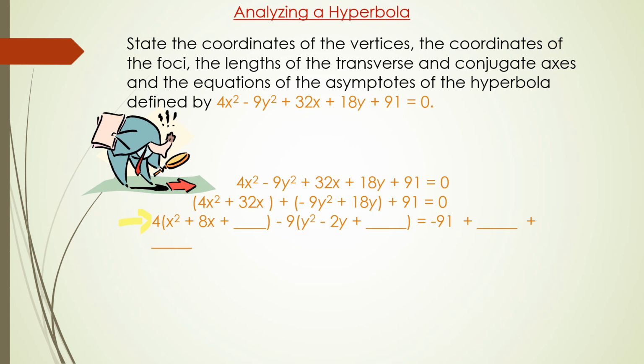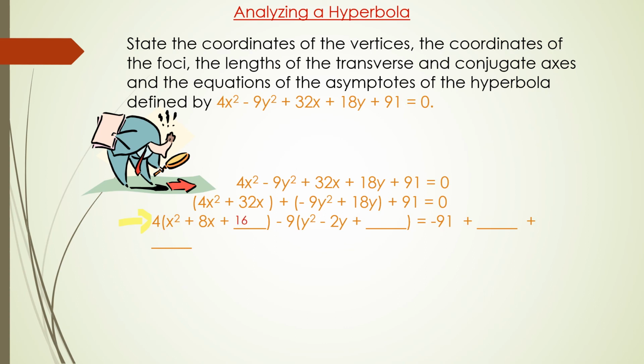And then, you subtract 91 from both sides, so we have negative 91. It's the same process, only that we have a coefficient more than 1. Okay.